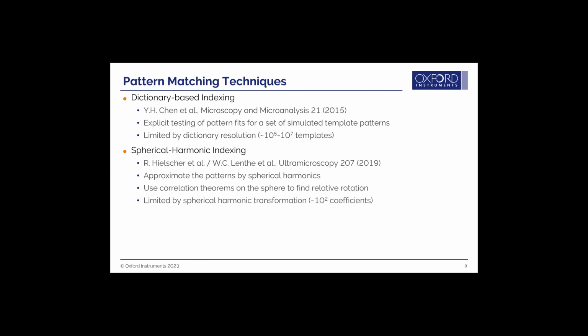Another technique that's been introduced, and this is used by other folks out there in the industry, is spherical harmonic indexing. The best way I can explain this is it takes the patterns that you're actually collecting and transforms them into a spherical model and then matches that to a spherical pattern simulation.